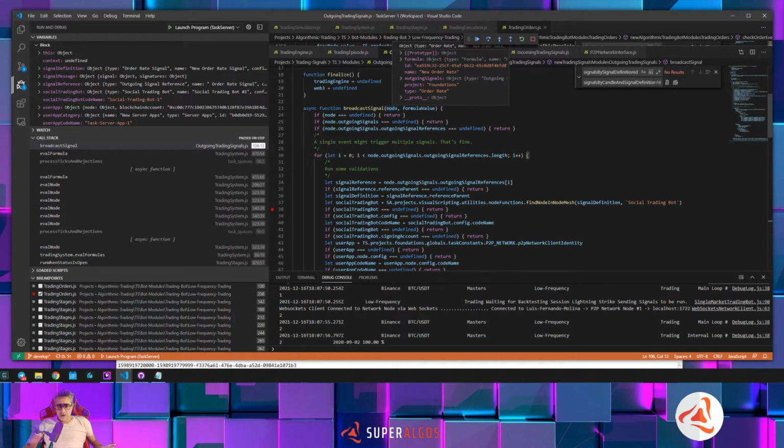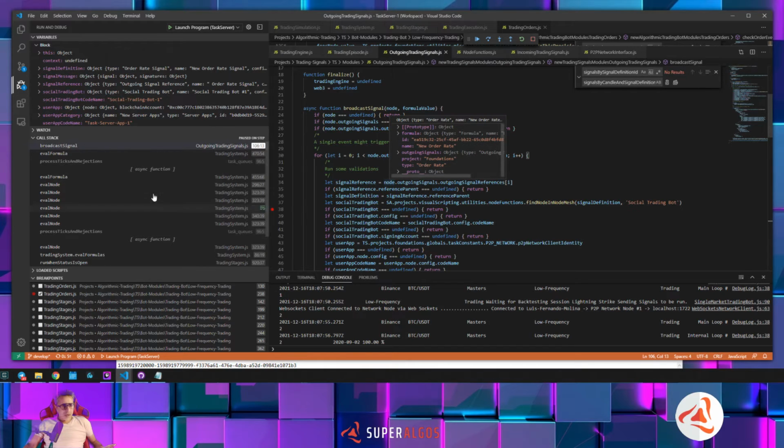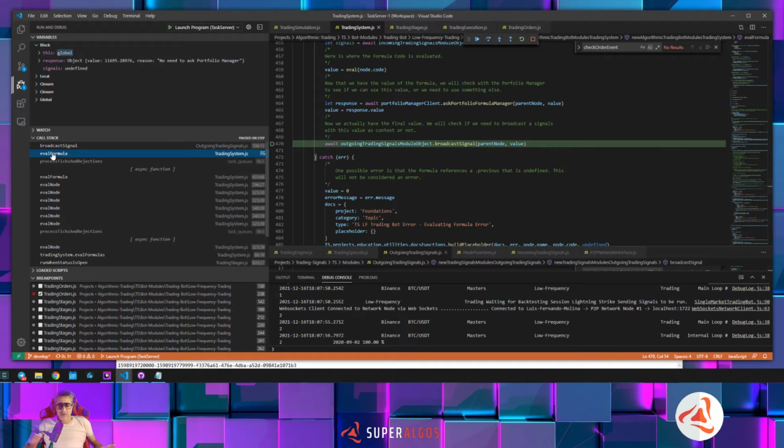Okay, we are not at the place we thought we would be. This is the node we are receiving is an order rate. Why? Eval formula? We were not here.